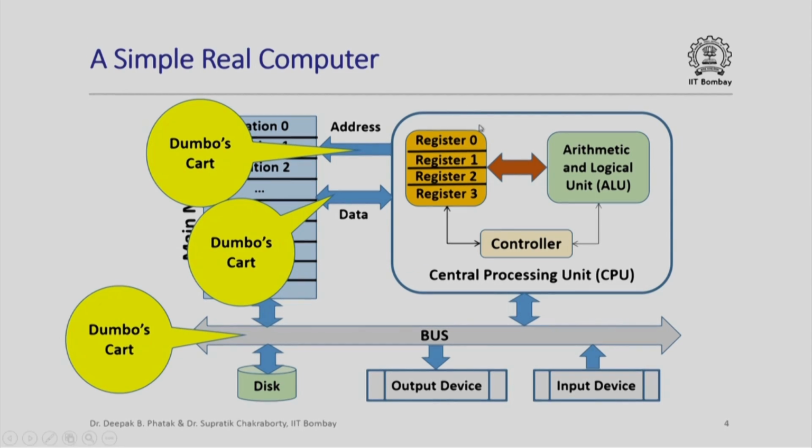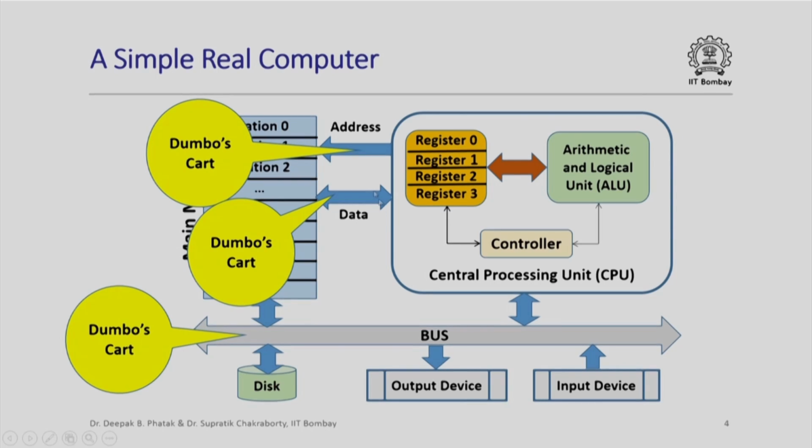Now Dumbo also shipped information from one part to another, for example from the named drawers to the workbench or from the named drawers to the input or output devices by means of some carts. Now in a real computer, the analog of these carts are what are called buses. So here you can see I have written a bus, and on this bus there are disks, input devices, output devices.